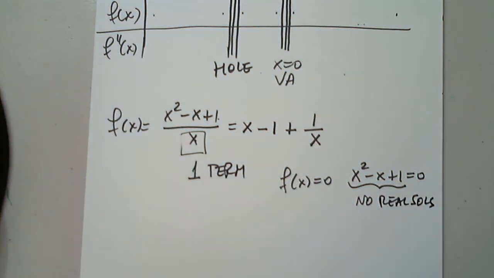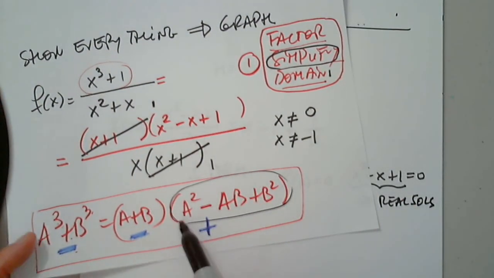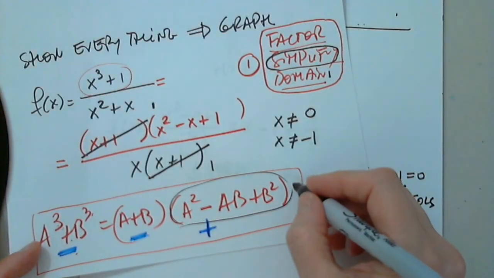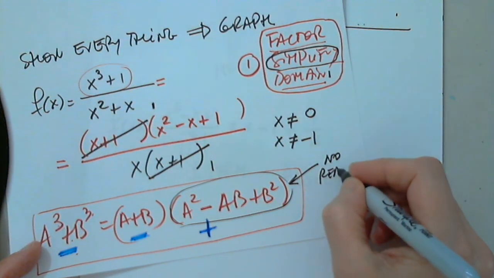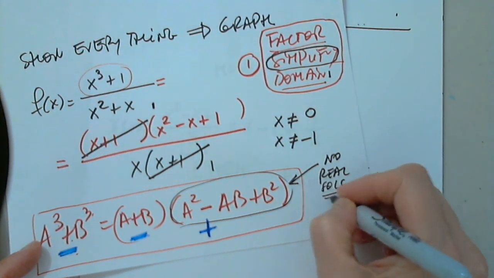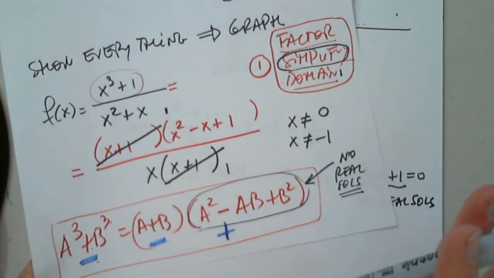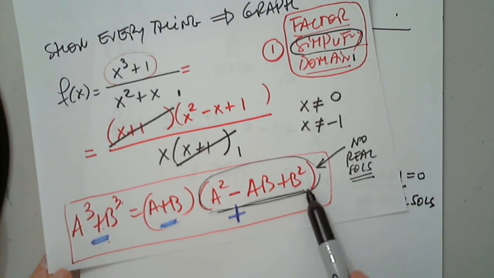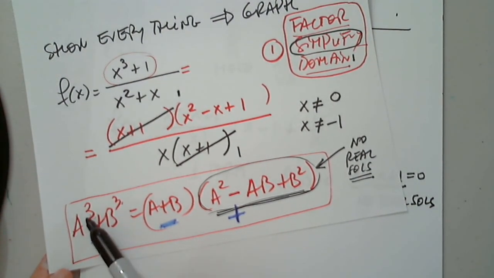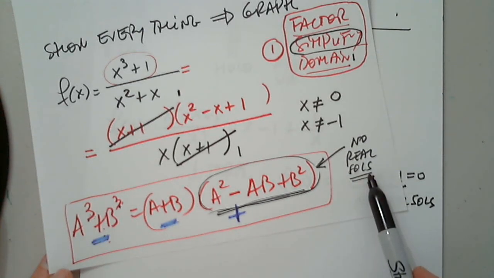So I can come back here. This piece, coming from the sum or the difference of cubes, will always have imaginary solutions. No real solutions ever. Now, if this is power 6 and I get something else here, something else could happen. But every time the trinomial comes from the sum or difference of cubes, this will never have real solutions.